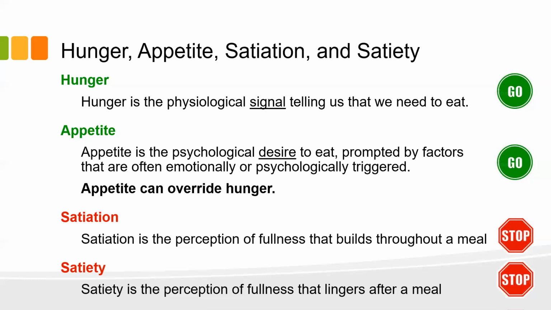Satiation is kind of the feeling of fullness as you're eating, right? So at the beginning of your meal and you're hungry, part of your brain is just focused on getting that food in. Particularly if you're really hungry, you're shoveling it in, and then you start to eat maybe slower, and you're getting satisfied.